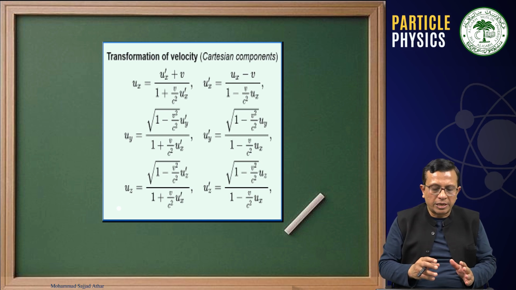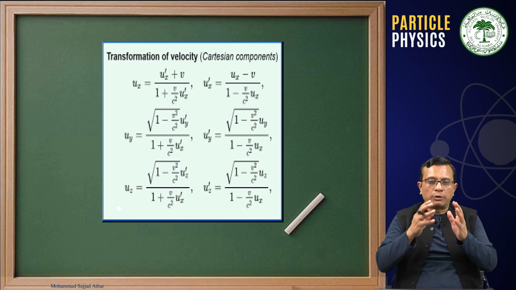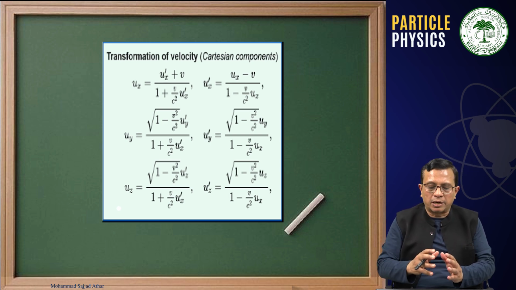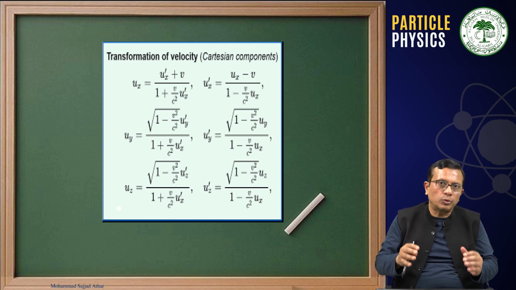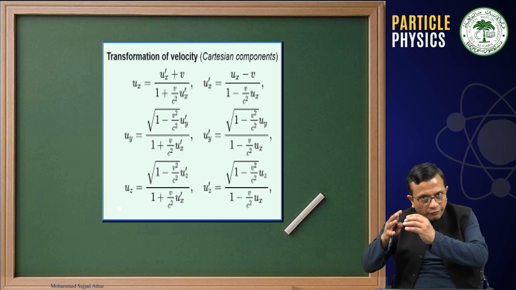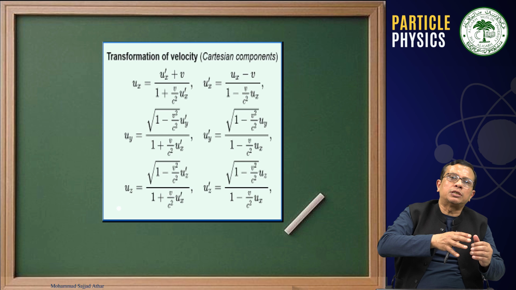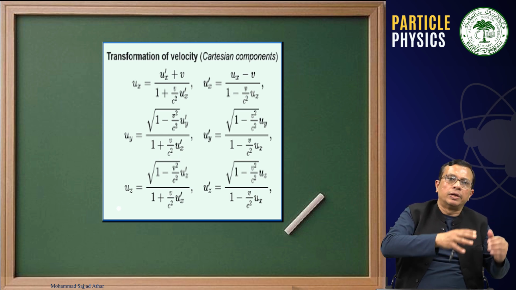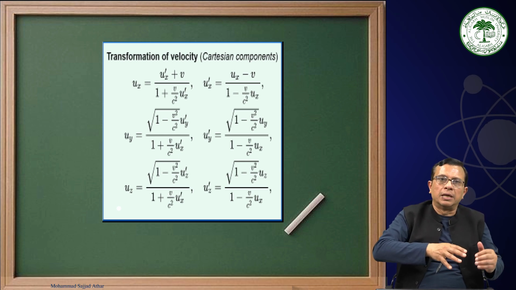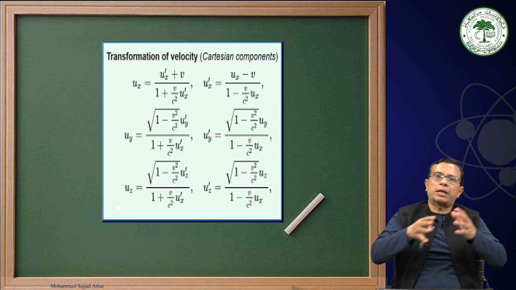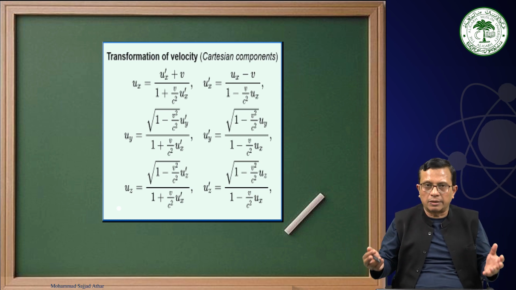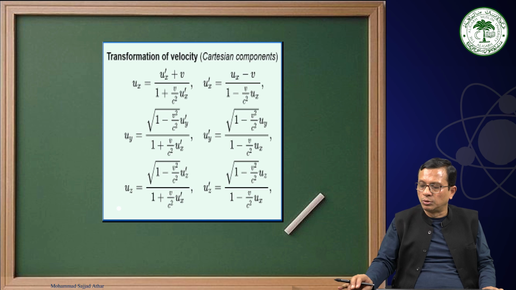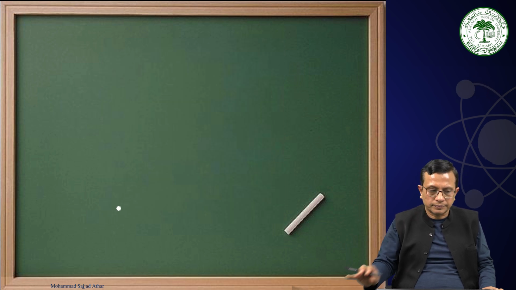Then we move on to understand what the energy and momenta will be in these two frames, and how the energy and momenta of one frame would be related to the energy and momenta in the other frame. And if one frame is the laboratory frame and the other is the center of mass frame, then we will see that the relation becomes very easy to understand.